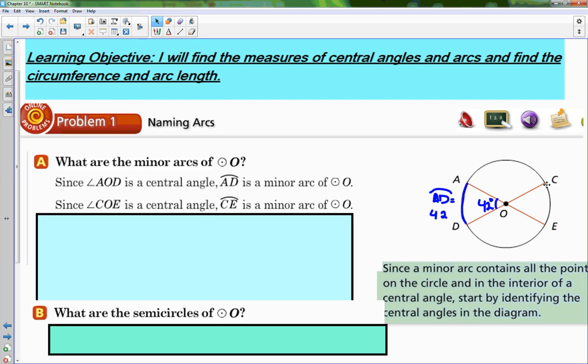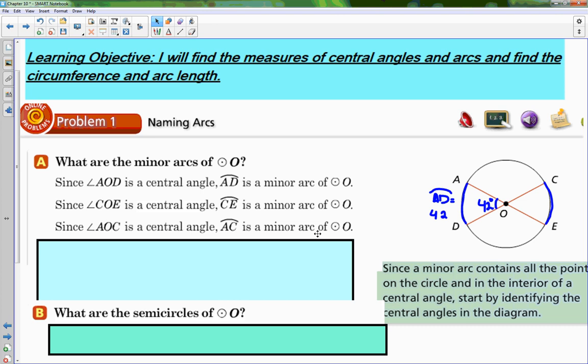COE is the one that's vertical to AOD. And so CE is a minor arc. So let me mark that, CE. And AOC is a central angle. So that's AOC, from here around the circle to here.